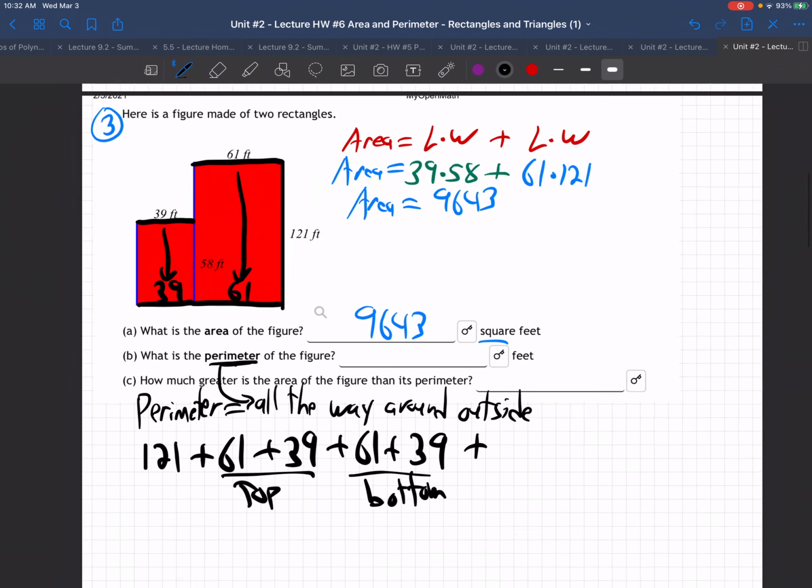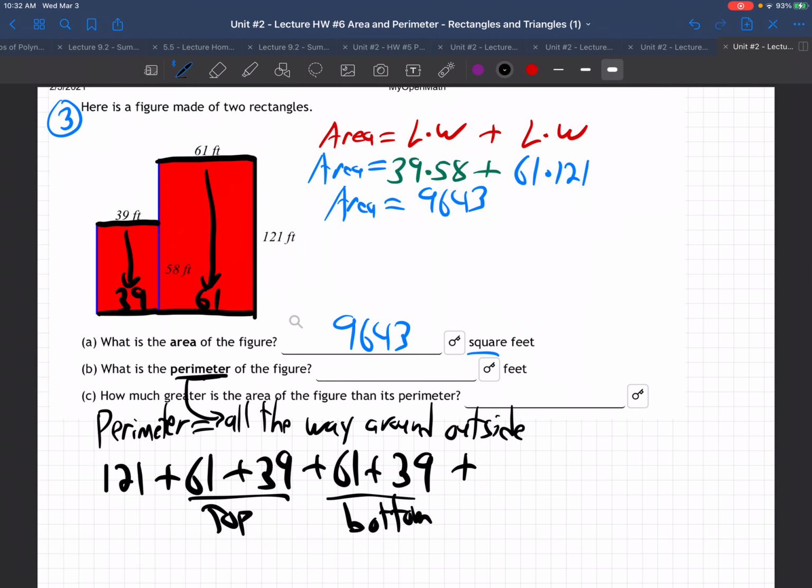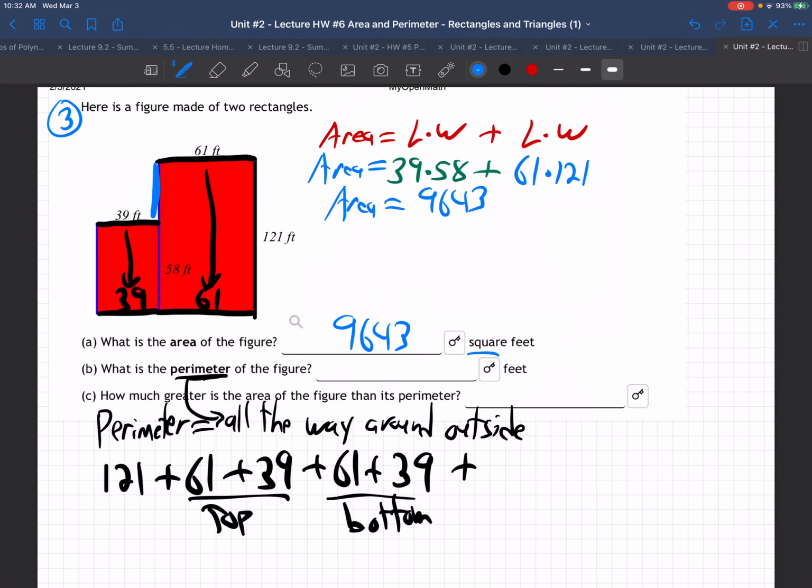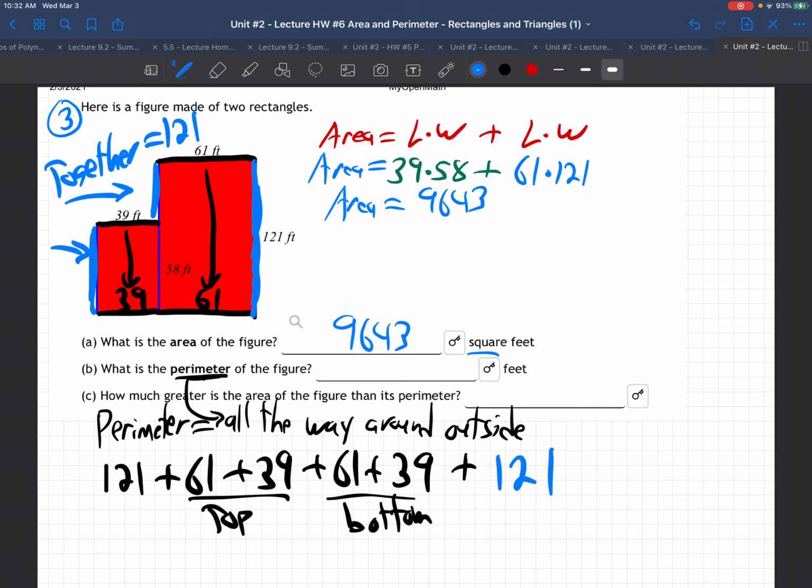Now you might be saying, what about the right and left? Here's a trick to save some work. This and this together equal 121, the same as this right here. It's just another 121, the left two parts, and this is the right. We can just lump them together. I don't need to figure out what they are individually.